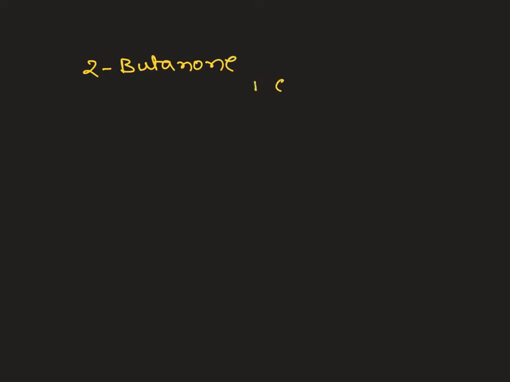I am writing the structure CH3CH2, it is ethyl methyl ketone, or commonly we call it butanone. How do we synthesize this compound by using ethyl acetoacetate? You can pause it and write the synthesis.